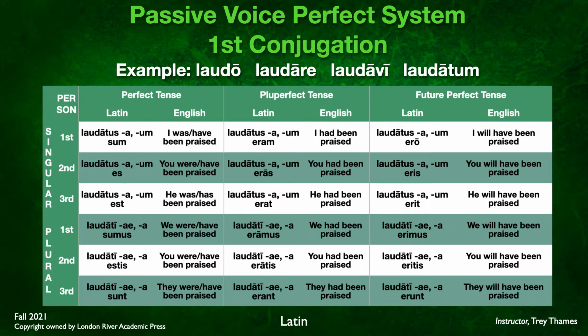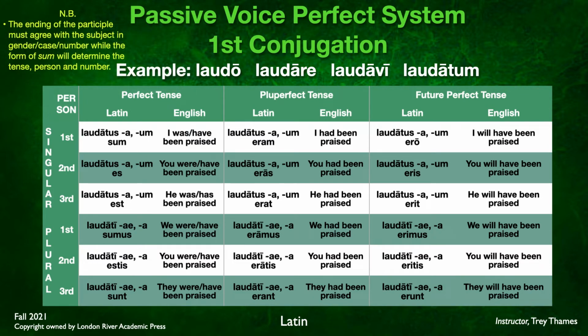And the good news is all verb forms are going to function the exact same way. And nota bene, we've already mentioned this, but the ending of the participle must agree with the subject in gender, case, and number, while the form of sum will determine the tense, person, and number.